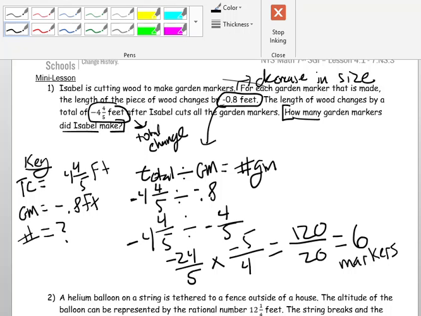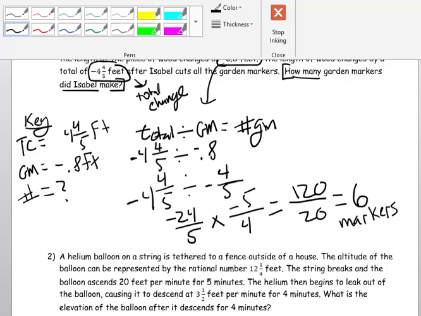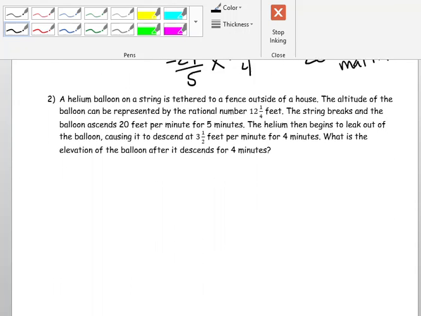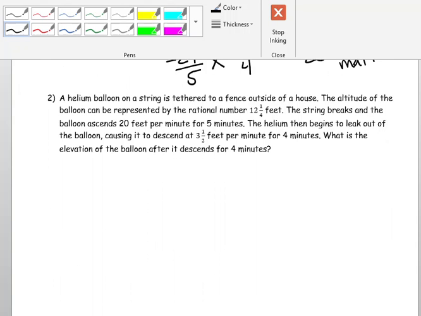We're almost done. Okay, let's take a look at number 2. A helium balloon on a string is tethered to a fence outside of a house. The altitude of the balloon can be represented by the rational number 12 1/4 feet. So altitude, by the way, is height. That's how high it is. The string breaks and the balloon ascends 20 feet per minute for 5 minutes.